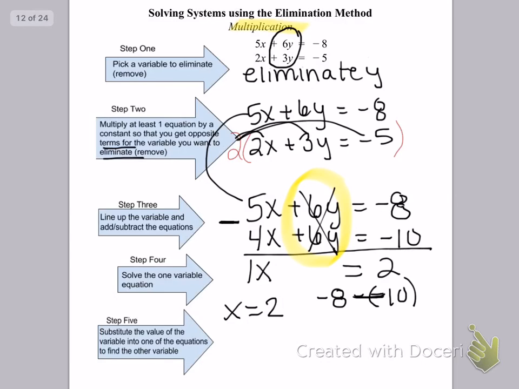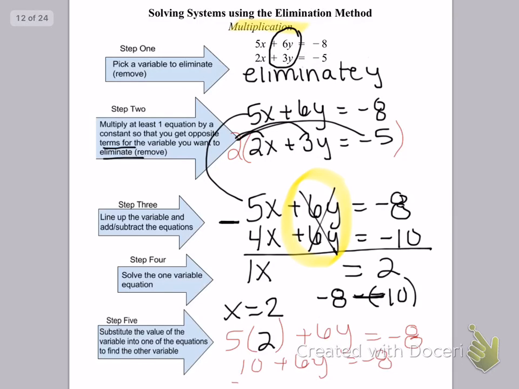Well, now step 5, we need to substitute that value back in to find our y value. So let's go ahead and just do that to our first equation. So we'll have 5, and then our 2, and then plus 6y equals negative 8. So we got 10 plus 6y equals negative 8.